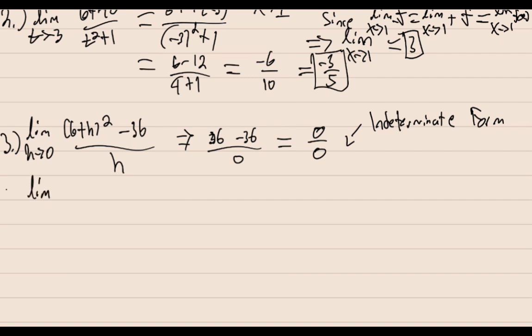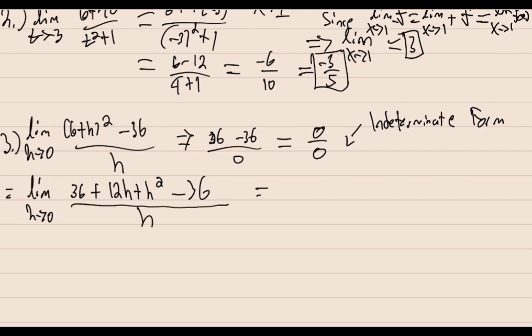So let's rewrite this as the limit as h goes to 0 of, let's FOIL this out, so we should get 36 plus 6 times 2 times h, so 12h plus h squared minus 36 all over h. If we do some canceling, these 36's will cancel because 36 minus 36 is 0, and we'll be left with 12h plus h squared divided by h.